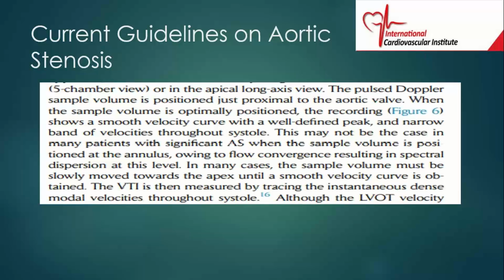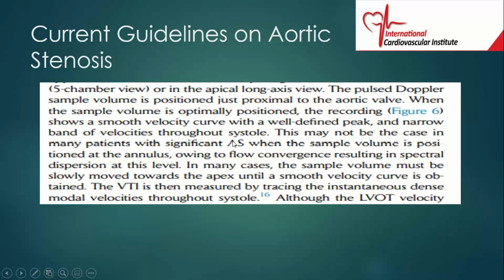So you want to get outside of that zone of flow convergence where you have laminar flow. And that's where you want to measure it. If you get a VTI approaching 30 centimeters, you're too close. The usual VTI is between 18 and about 26. So if you're getting anything approaching 30, then you're too close.